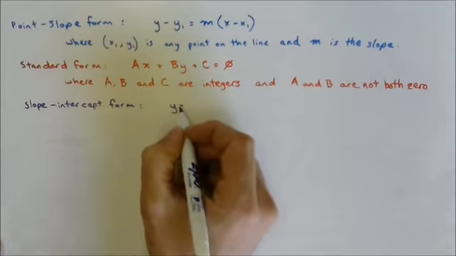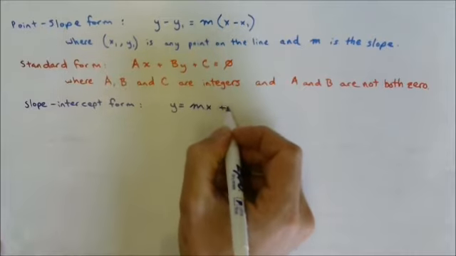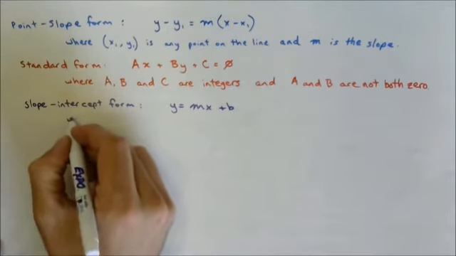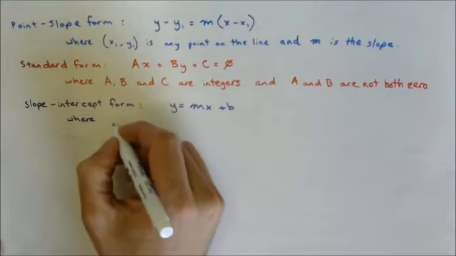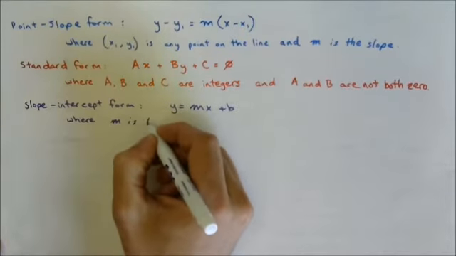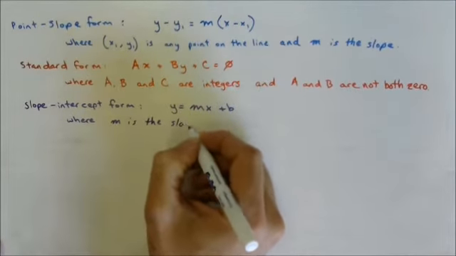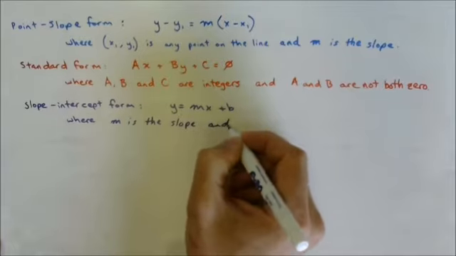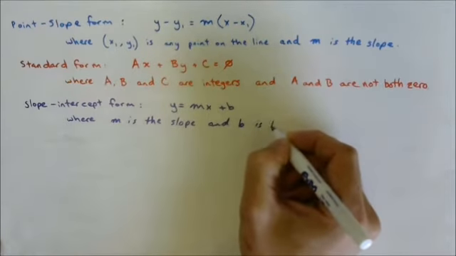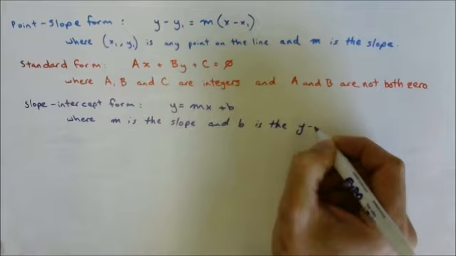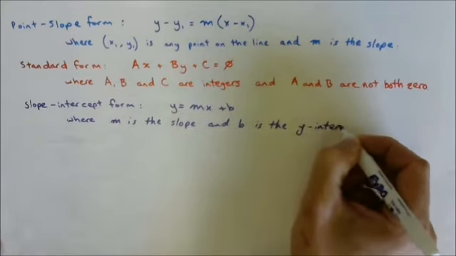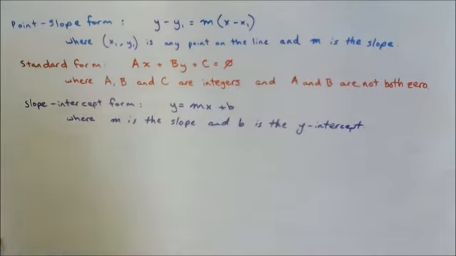Slope-intercept form, you know, is y equals mx plus b, where m is the slope and b is what? The y-intercept. B is the y-intercept.